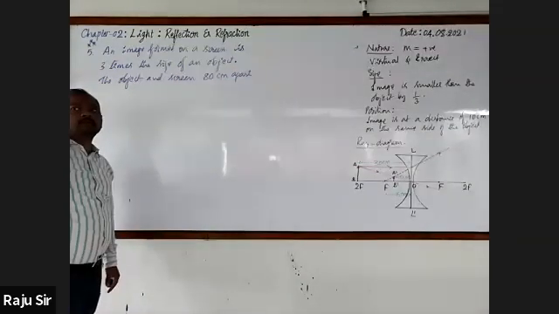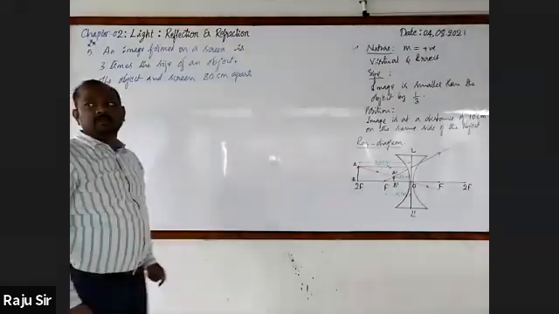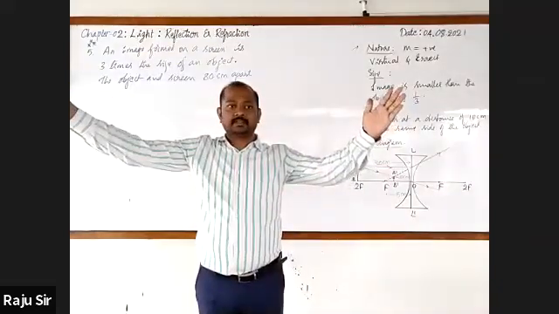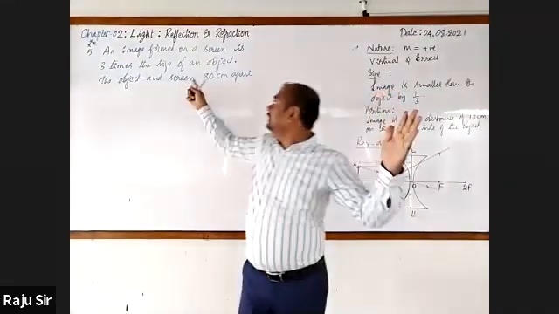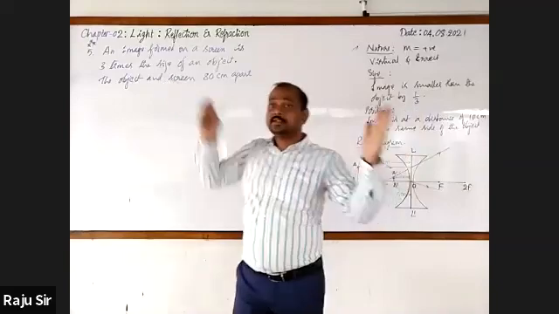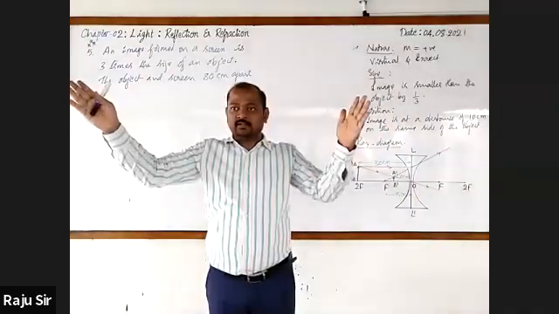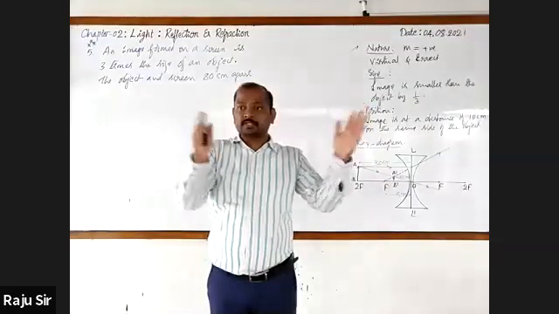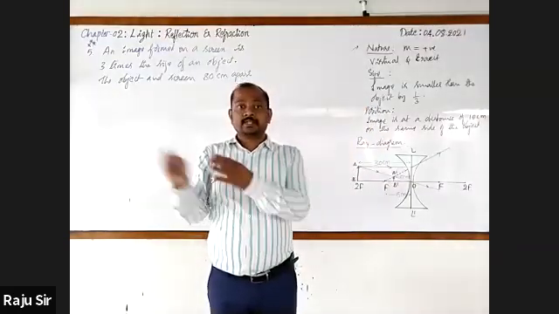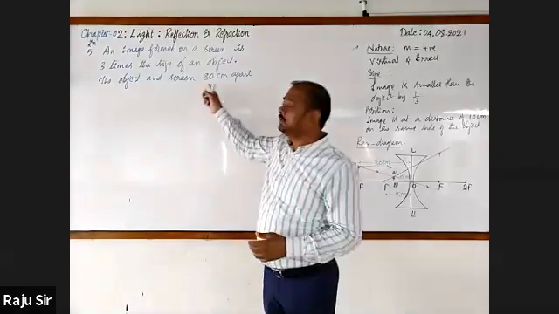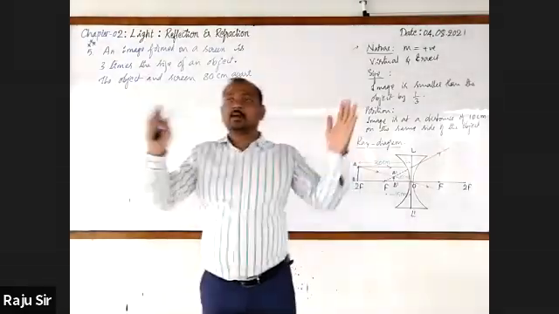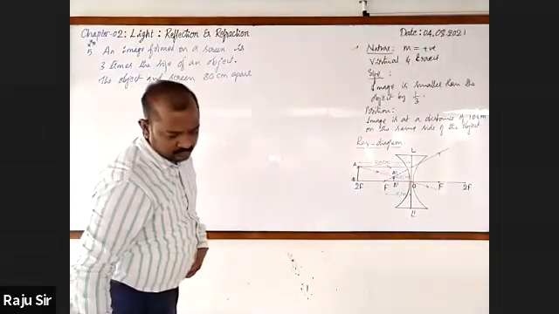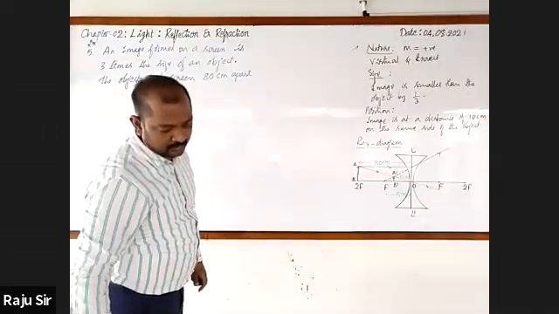What does it indicate? The image is formed on the screen. Object is at one place. The distance between image and the object, that is, object distance plus image distance, sum is 80 centimeter. The distance between object and image is 80 centimeter apart.